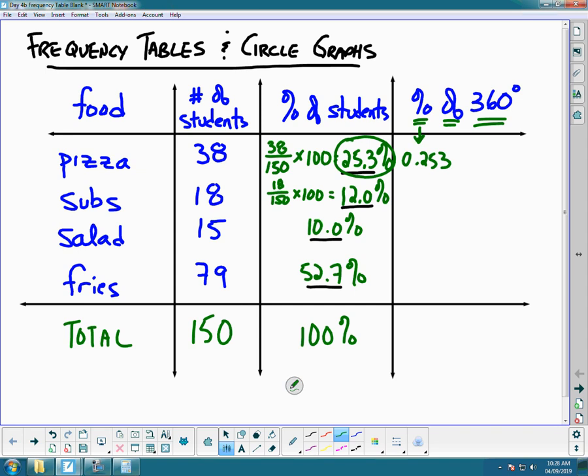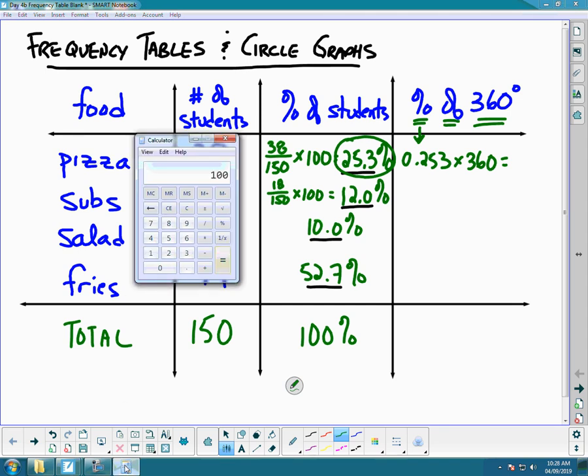Remember, of course, that of means times, and we're taking 0.253 of 360. So we'll go to our calculator, clear that one. You can confirm that 25.3 divided by 100 is that 0.253. We already saw that. And we're going to go times 360.